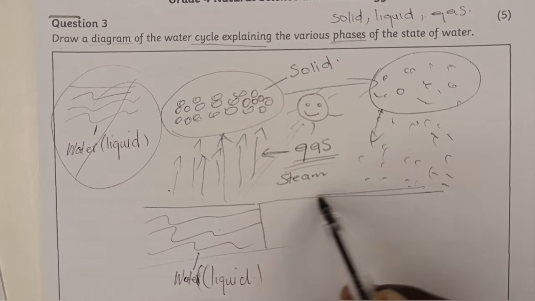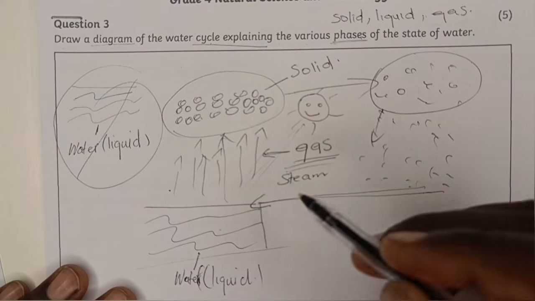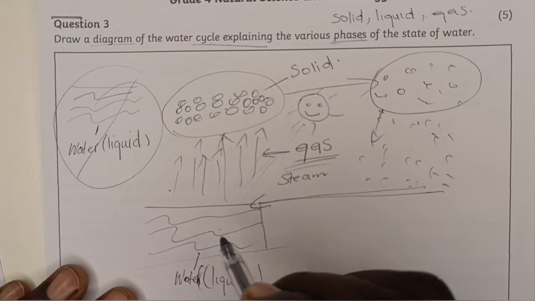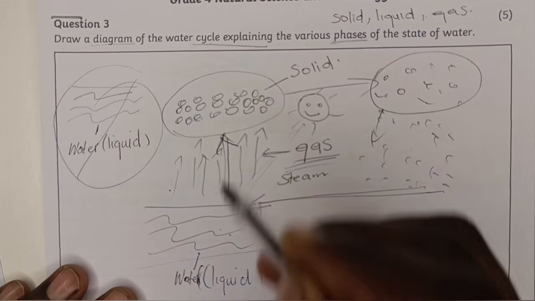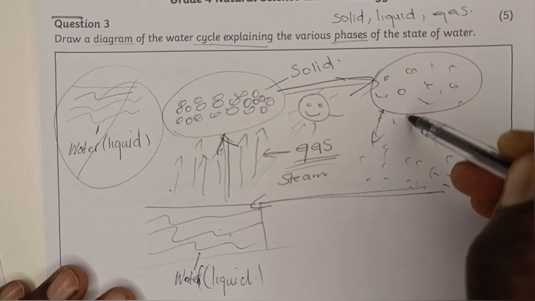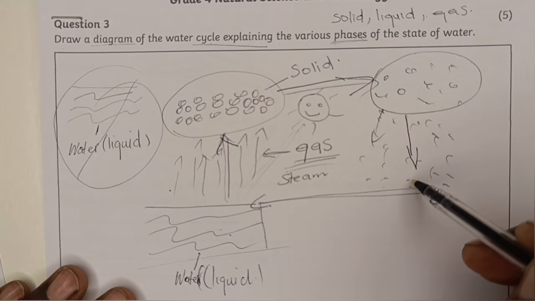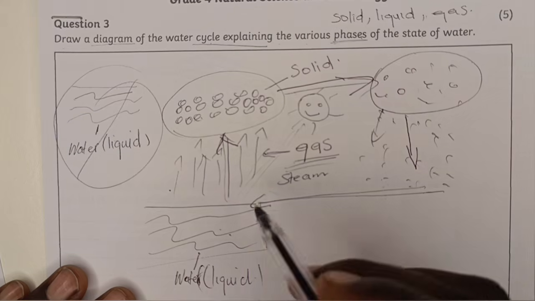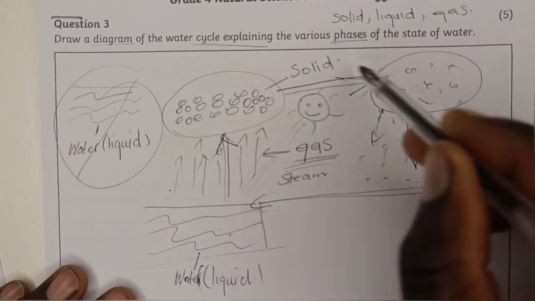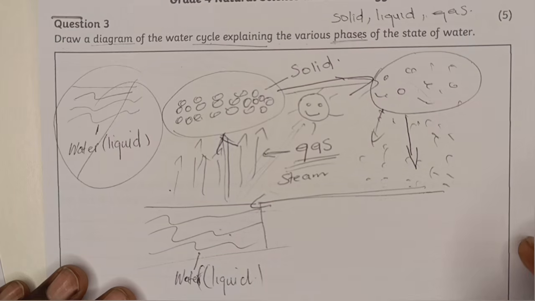So this water goes back to the sea. This is the cycle that shows because water goes up and this solid goes down again to the water in a form of liquid. So the process goes round and round again.